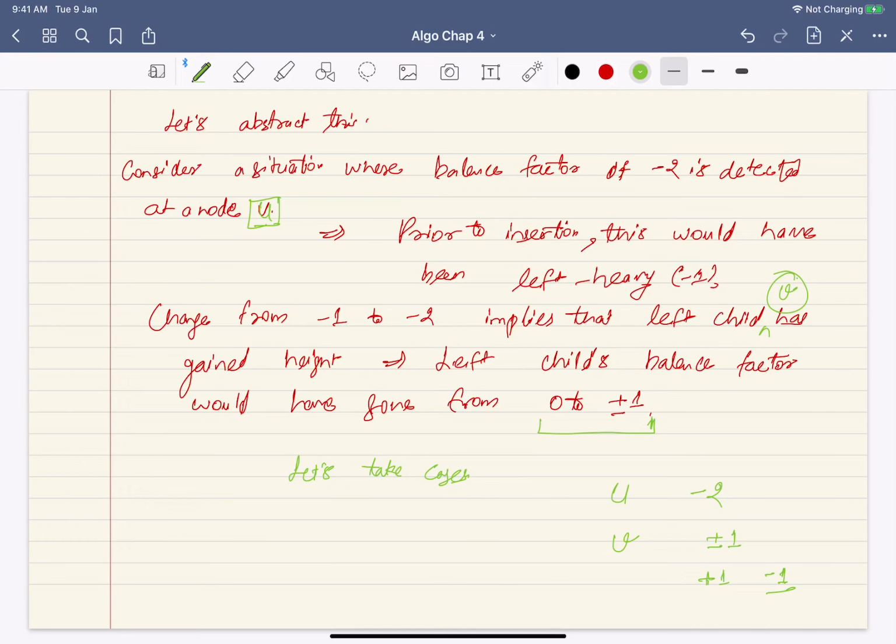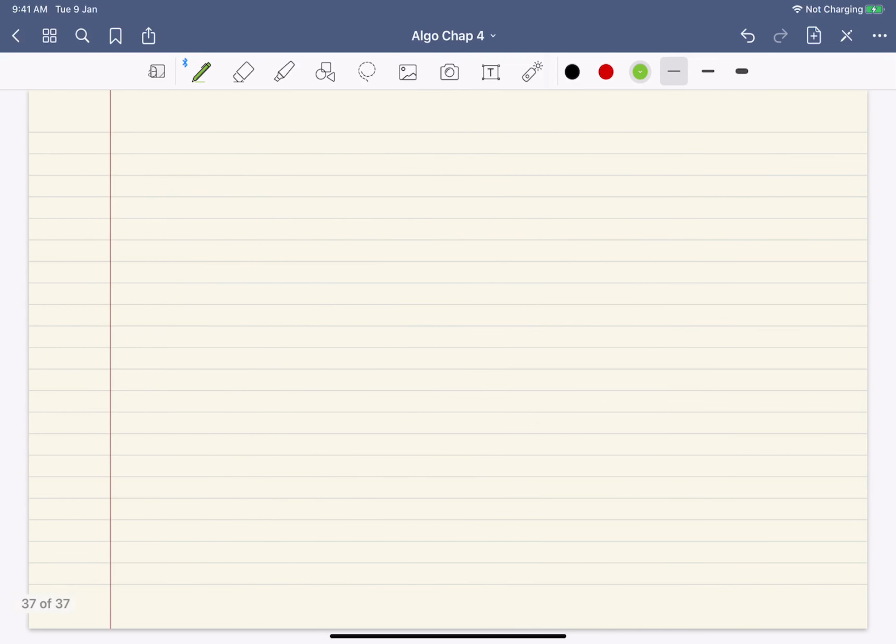Actually the simpler case is when both have the same sign, minus 2 and minus 1. So let's draw the situation before insertion and after insertion. Before insertion, U would have a balance factor of minus 1, and V would have a balance factor of 0.